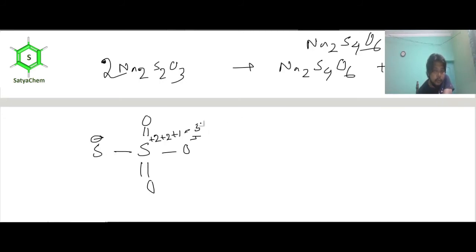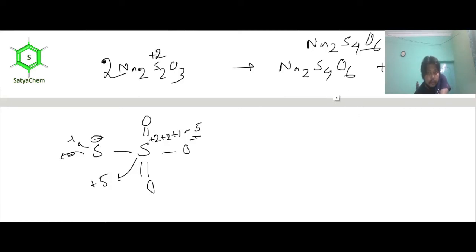So it becomes +5. So the oxidation number of the central sulfur is +5, and this will be -1. Here the charge of sulfur is -1. So as a whole, the total oxidation number becomes +4, so for each sulfur it will be +2.